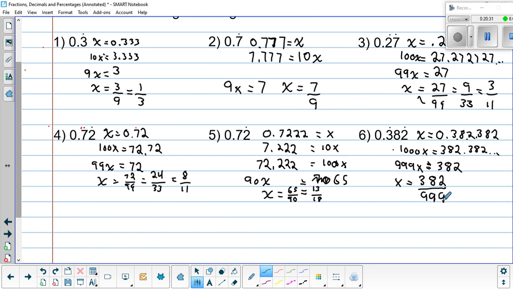So that one for simplifying, we can't simplify it by 2, we can't simplify it by 3 or 4 or 5 or 6 or 7, nope, 8, 9, 10, nope, so that I think is actually in its simplest form.